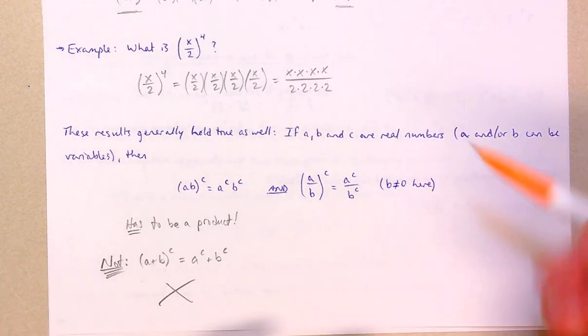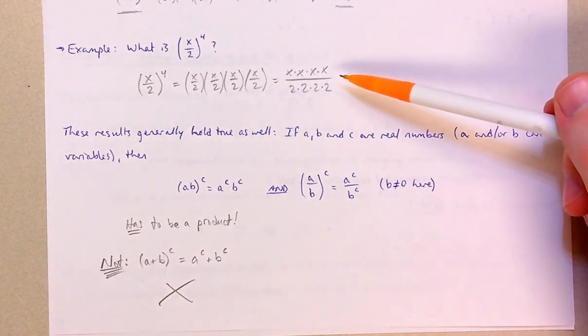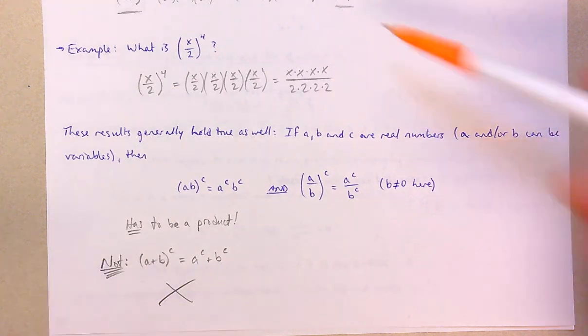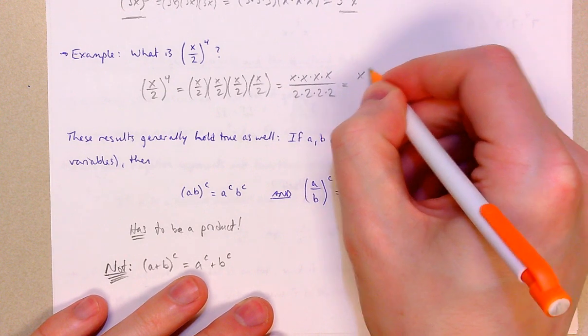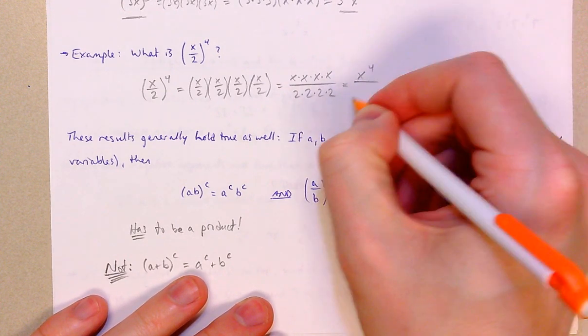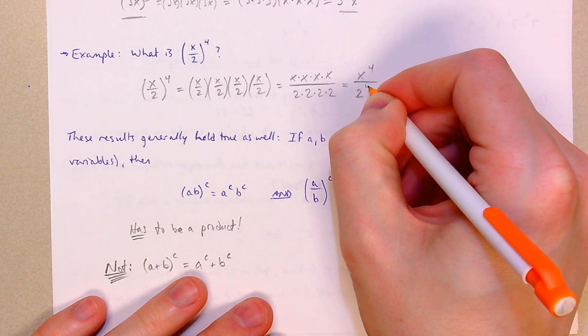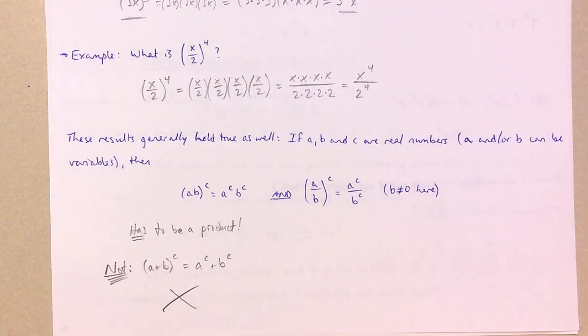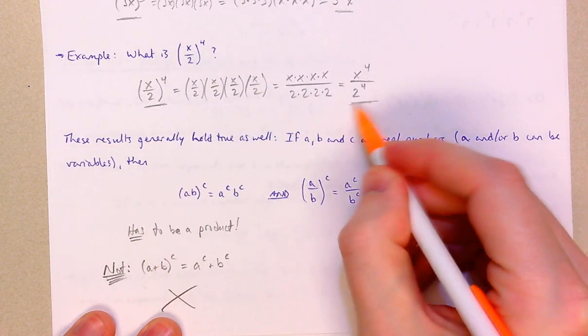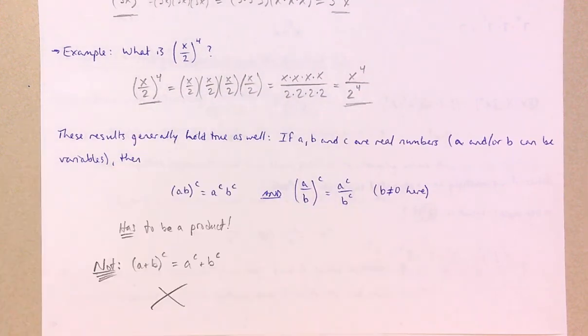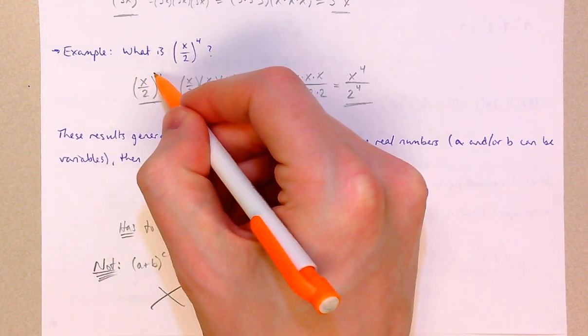And then using the definition of an exponential expression with the top and bottom separately, this is x raised to the power of 4, and the bottom is 2 raised to the power of 4. So here it looks like we can just take our exponent and distribute it to each piece in our quotient.